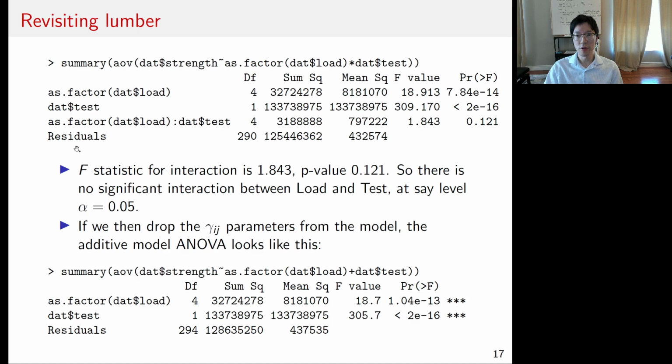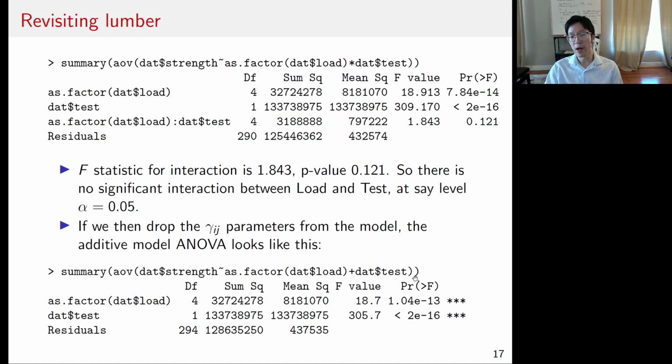We have one less row, the interaction row is gone, and there are a few differences. I want to point out that the F values changed slightly for the two factors. 18.9 became 18.7, and 309 became 305. Of course, that doesn't significantly change their p-values.